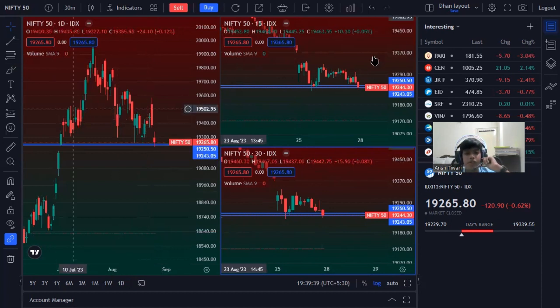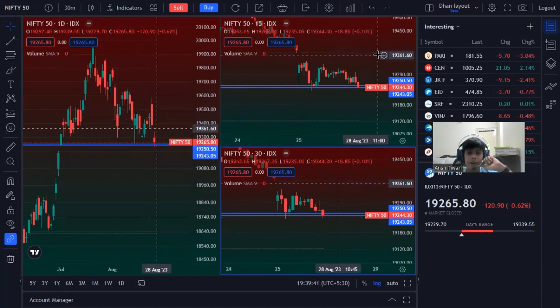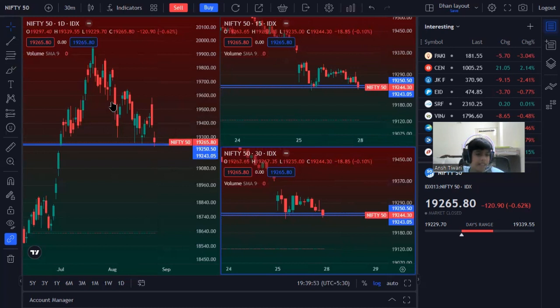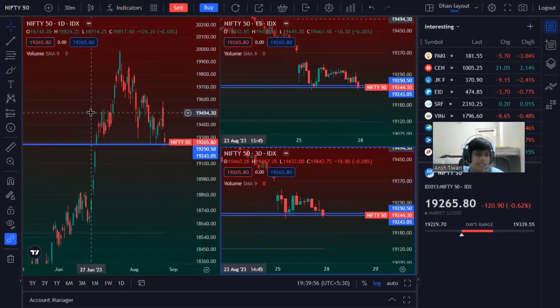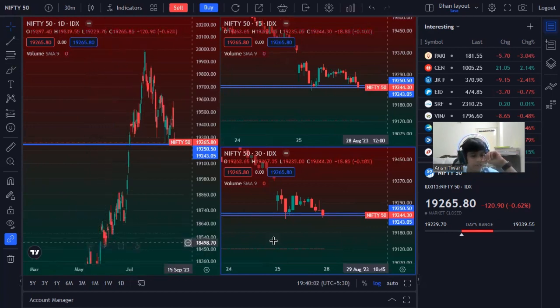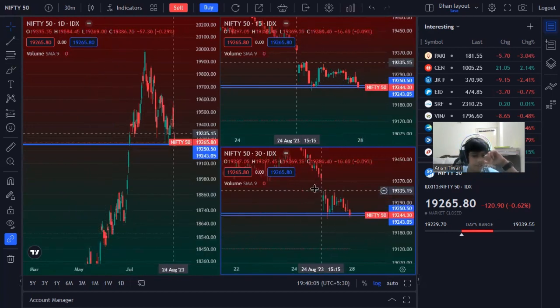Now, initiative buyers or sellers buy or sell at a point where the market is going in the way that they want. So, for example, we can say that the markets breached this resistance here, or you can say, let me look for a good example.